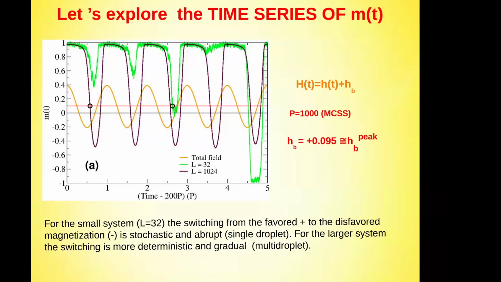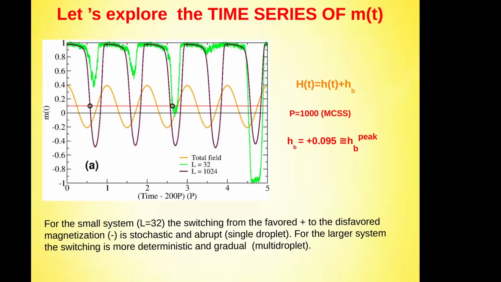Remember that when the system is in the positive phase, the field is positive. The stable state is the one with the spins up. When the field is negative, the stable state is the one with the spins down.